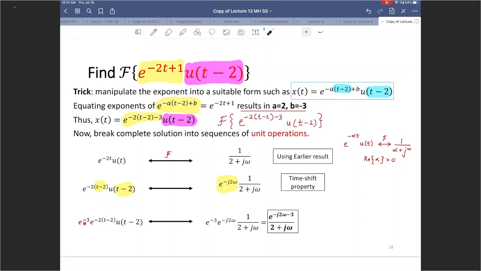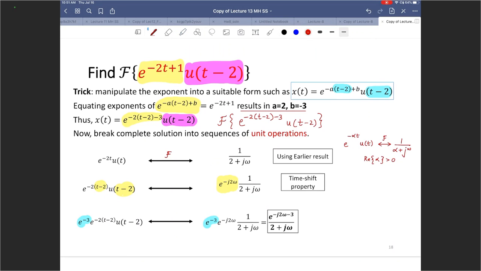So if I have e to the minus 3, I just multiply my time domain signal with that particular term, e to the minus 3. It's a constant. So I multiply e to the minus 3 in the frequency domain as well. That is using linearity, right? So I multiply there, I multiply there.